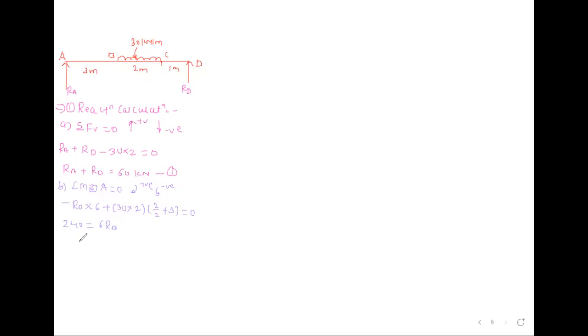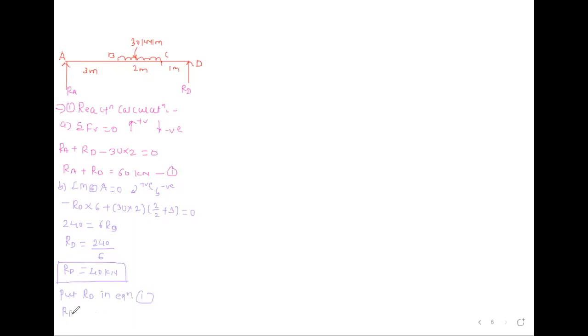So RD is equal to 240 divided by 6. So RD is equal to how much? RD is equal to 40 kilonewton. Now we will substitute this value in equation 1. So put RD in equation 1.